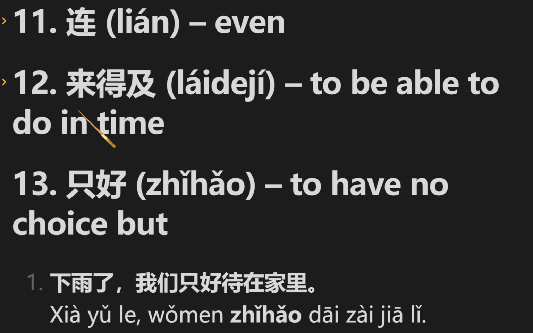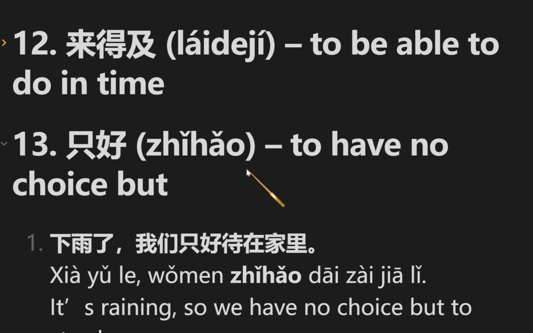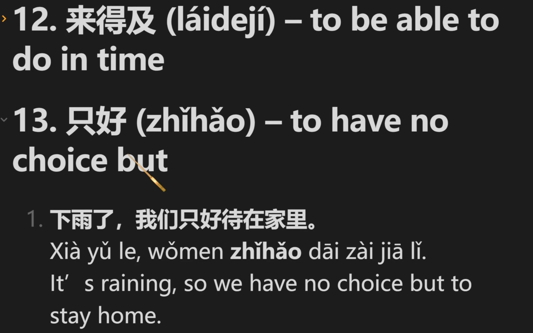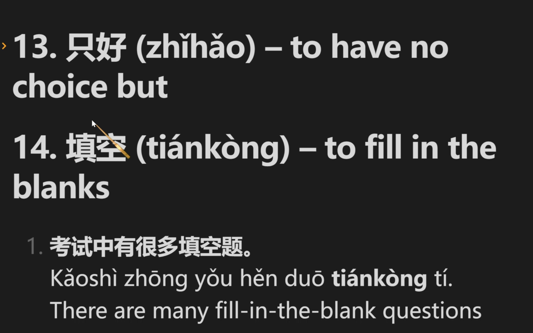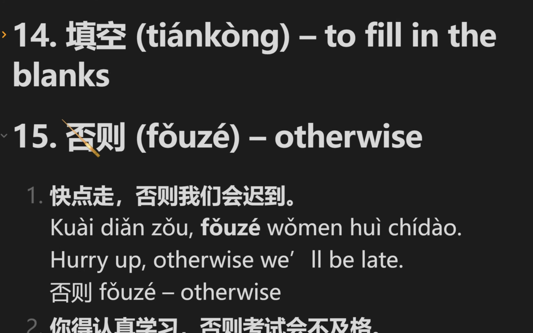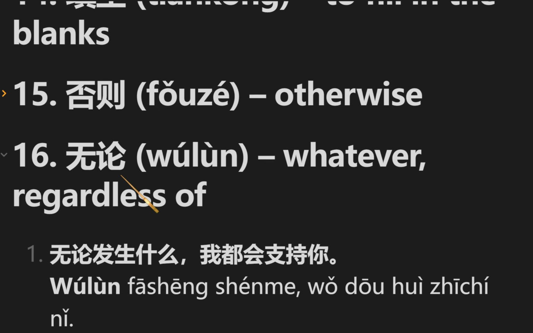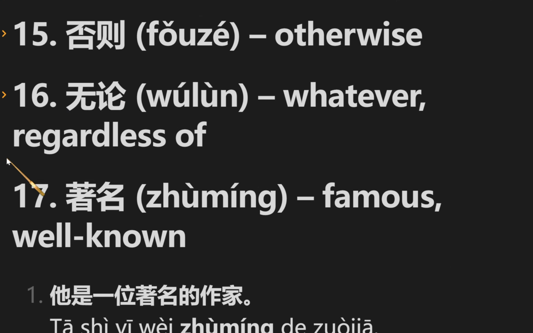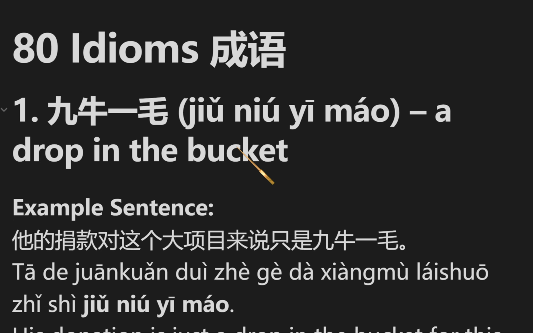Remember 来不及, not to be able to. 只好, to have no choice but, or I have to, I must do. 填空, to fill in the blanks. 否则, otherwise. 无论, whatever, regardless of.